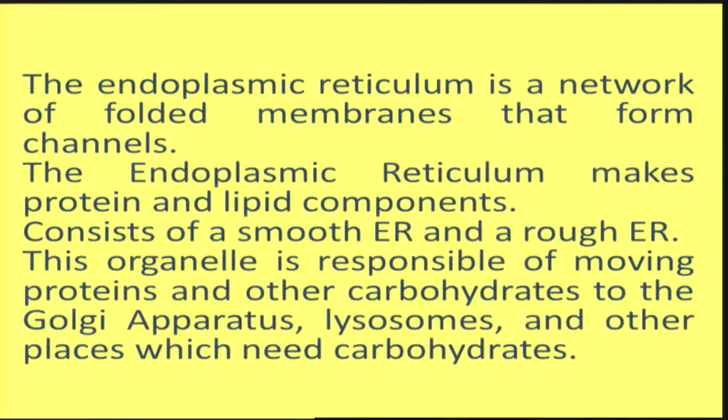So we can say what important work this endoplasmic reticulum does. It makes protein and lipid components, consists of SER and RER, and is responsible for the movement of proteins and other carbohydrates to various other organelles like the Golgi apparatus, lysosomes, and other places within the cell where there is a need of carbohydrates.